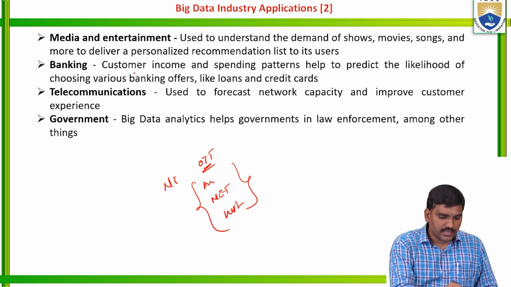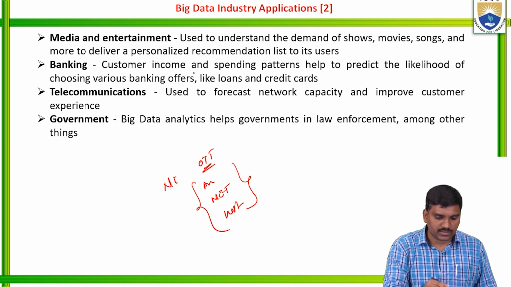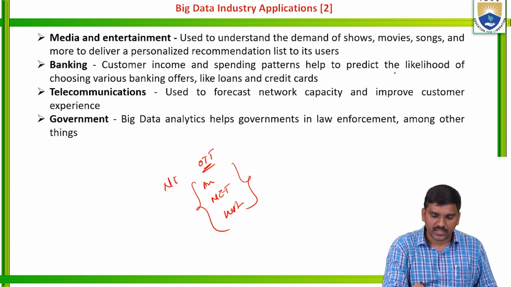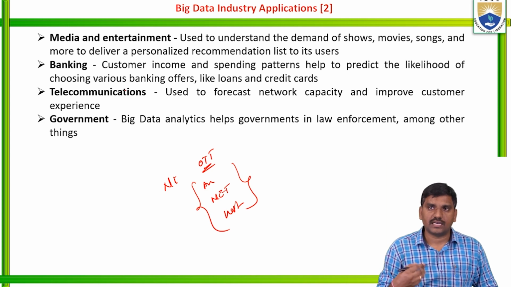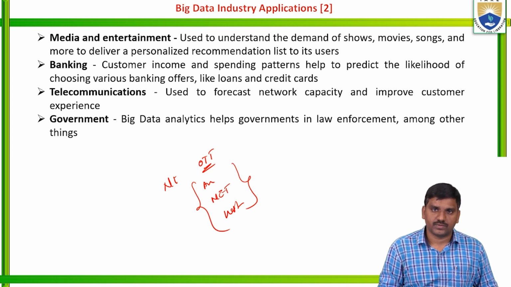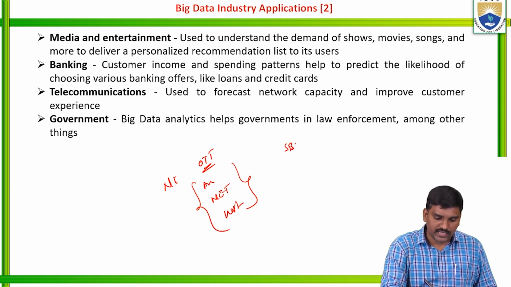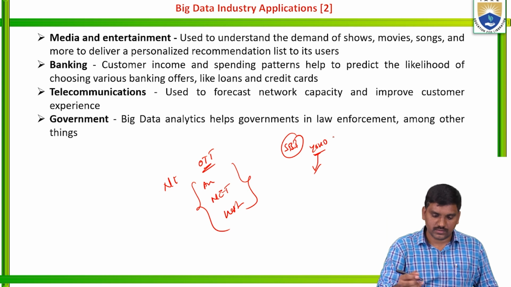Next, banking. In banking, customer income and spending patterns help predict the likelihood of choosing various banking offers like loans and credit cards. So here, for example, the SBI Yono app.